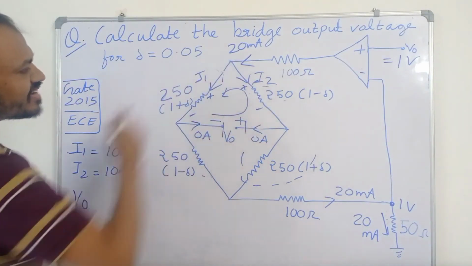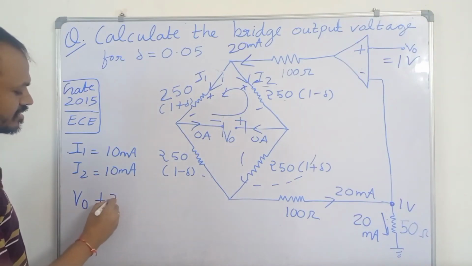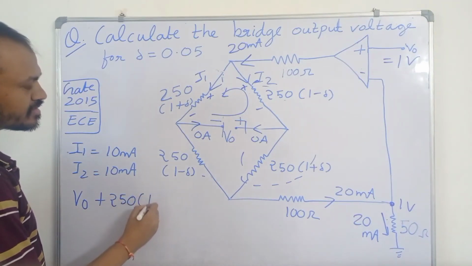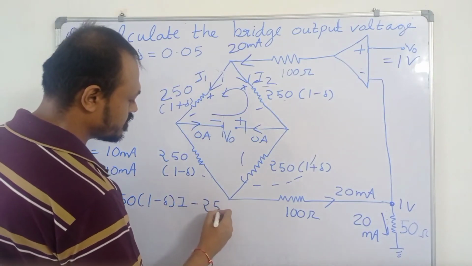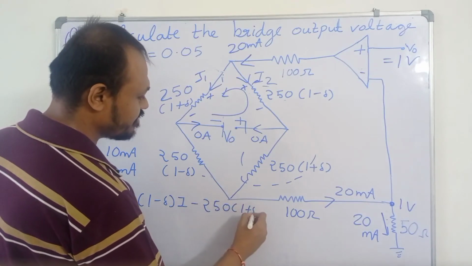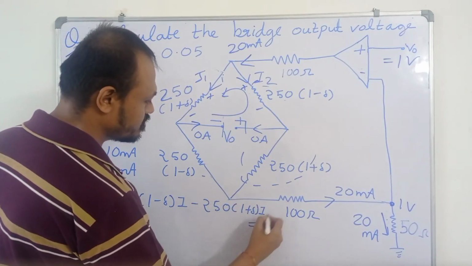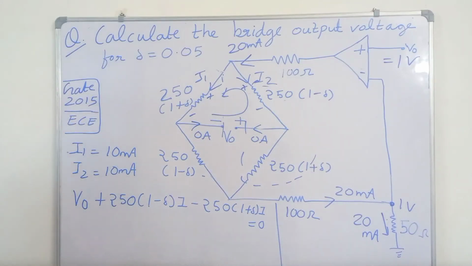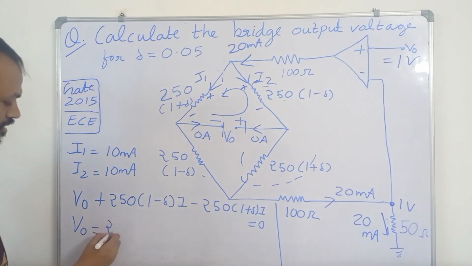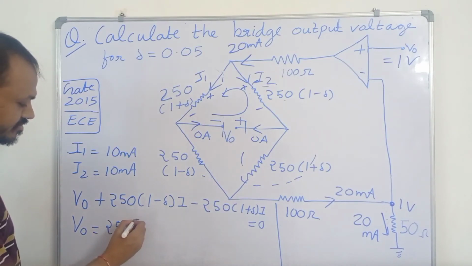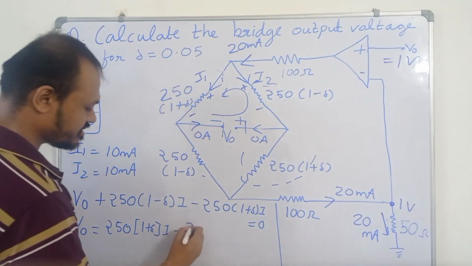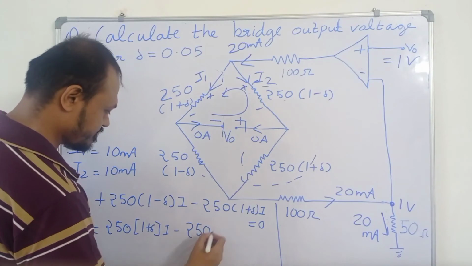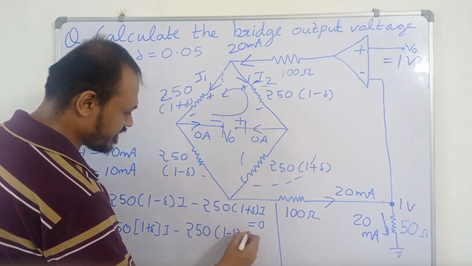If we travel in this way, V naught plus 251 minus delta into I minus 251 plus delta into I is equal to 0. So V naught is equal to 251 plus delta into I minus 251 minus delta into I.